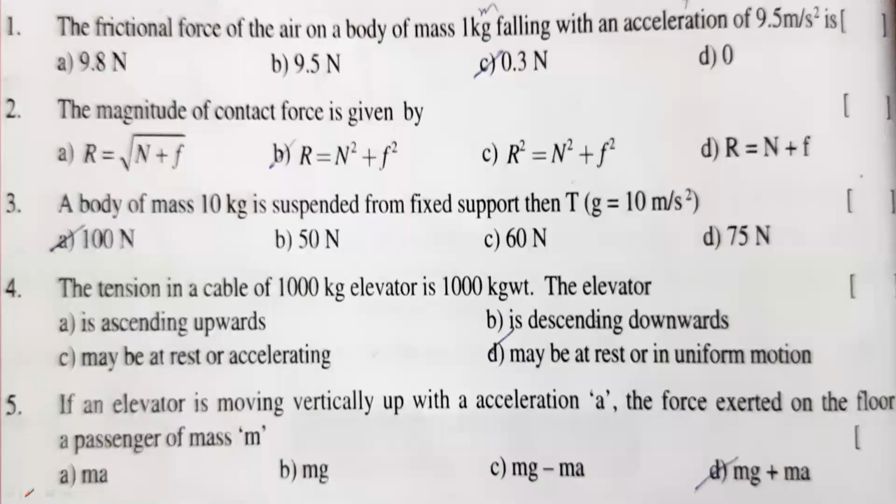What is the acceleration? Acceleration given as 9.5 meter per second square, and you know acceleration due to gravity is 9.8 meter per second square, and the mass of the block given as 1 kg. This is the given data.